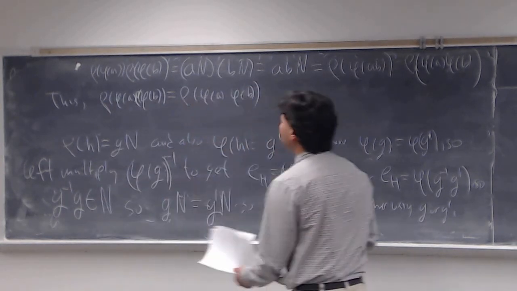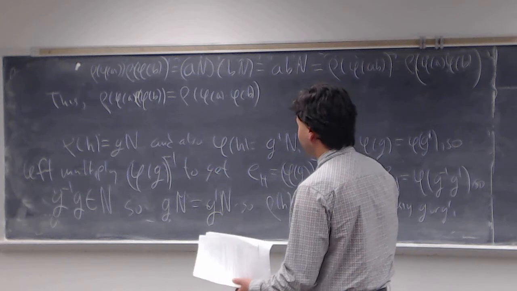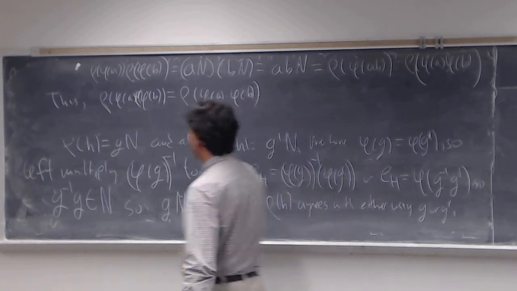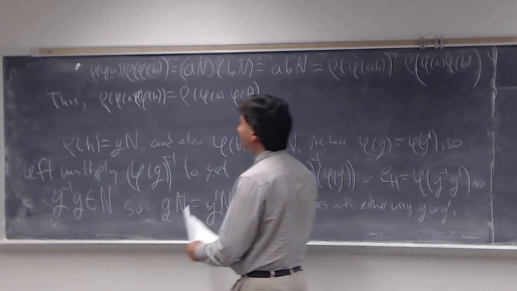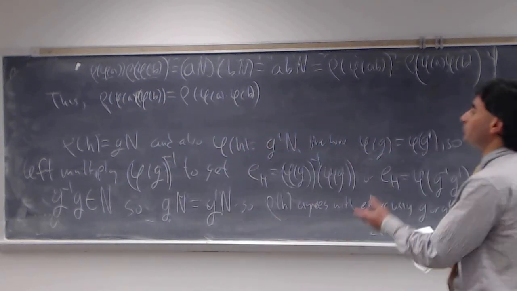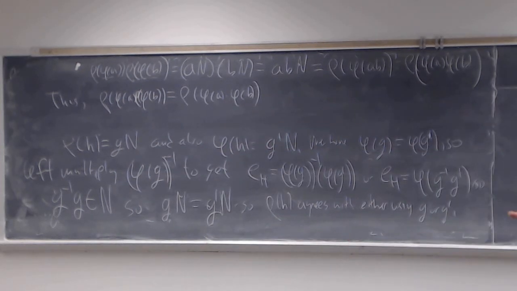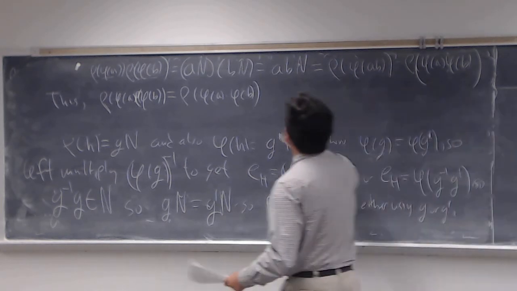So again, I didn't introduce an auxiliary variable, like this is your x and this is your y. Because the typical element that I'm putting into rho is in the image of phi. So a typical x that I'm going to stick into rho has to look like phi of some a. So we have it's a homomorphism.